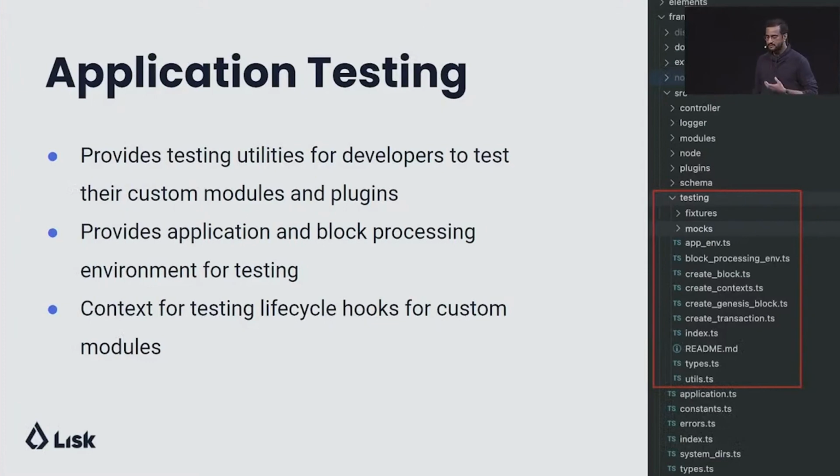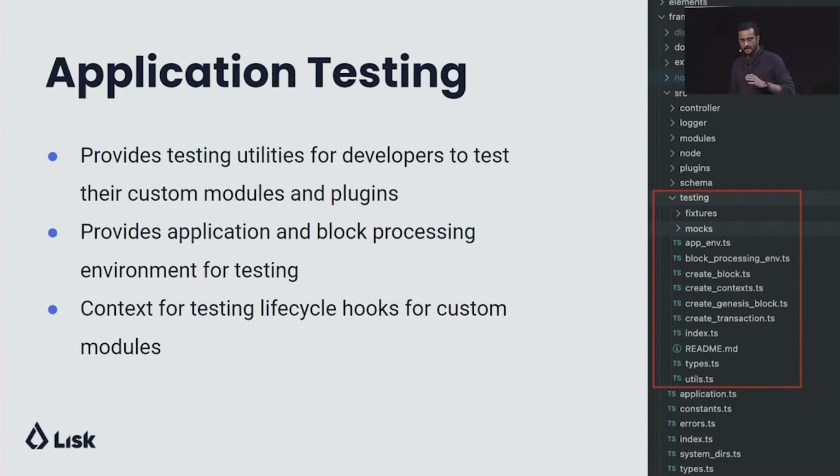Last but not the least, application testing. While developing these modules with the new architecture and plugins, we were testing them out, and we created a lot of utilities and fixtures around it. So we thought maybe we should make it more generic, and that can be usable by the users or developers using Lisk SDK while developing any custom module or plugin.